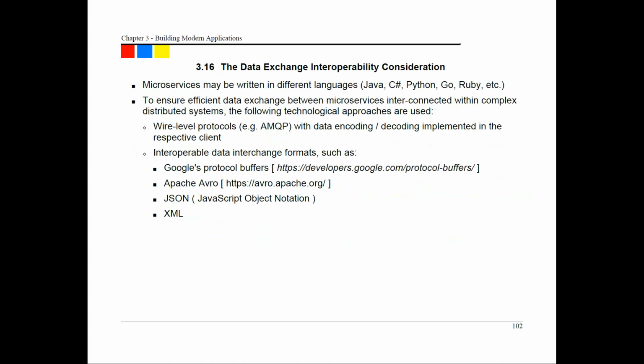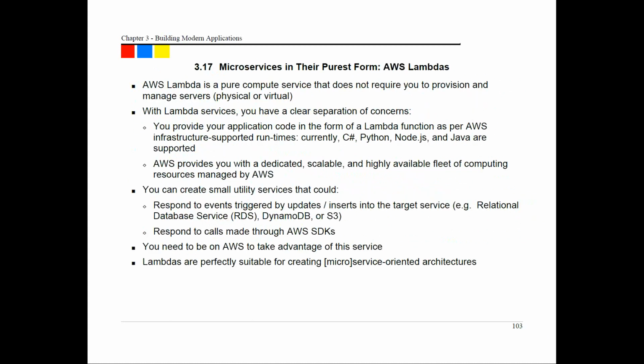Wire level protocols like AMQP for messaging have become quite popular. There's also data interchange formats like Apache Avro, Apache Thrift, Google's protocol buffers. JavaScript object notation is almost a de facto standard for RESTful APIs. Occasionally, we still see XML as well, but not as much as we used to.